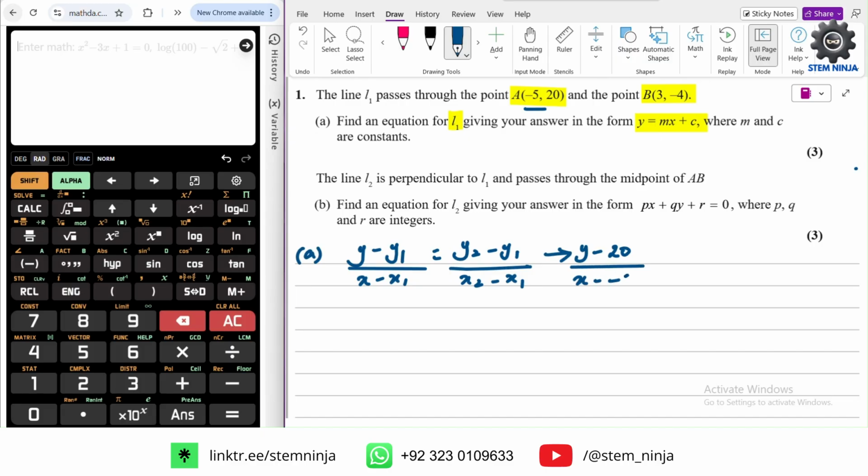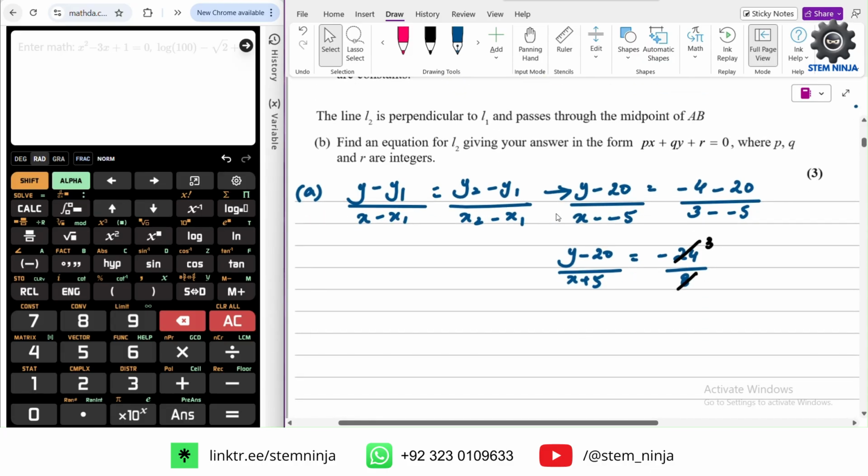over x minus (-5) equals (-4 - 20)/(3 - (-5)). So simplifying, (y - 20)/(x + 5) equals -24/8. This becomes -3, sorry.